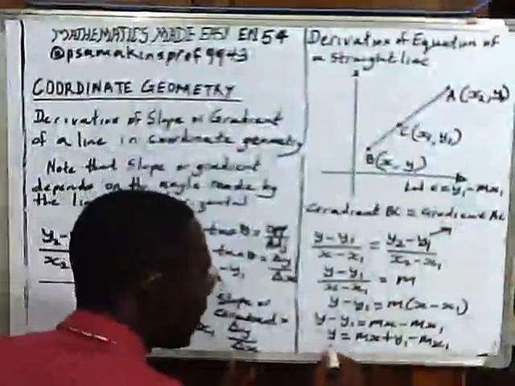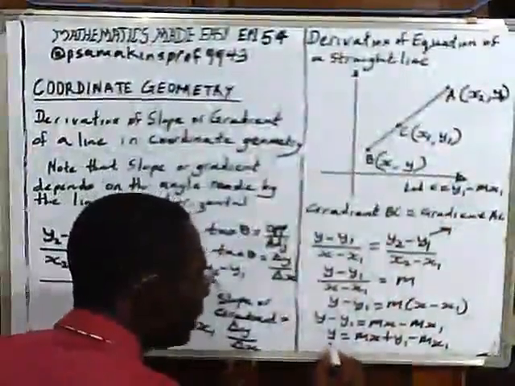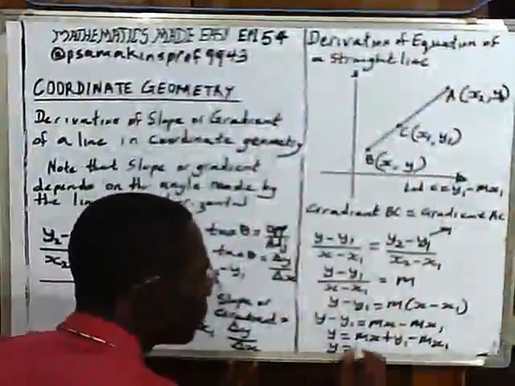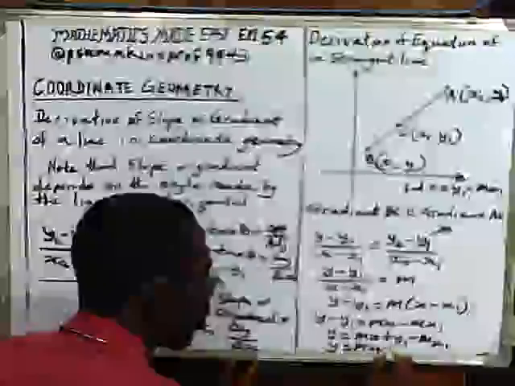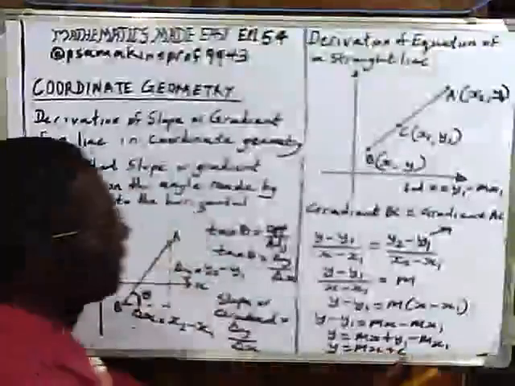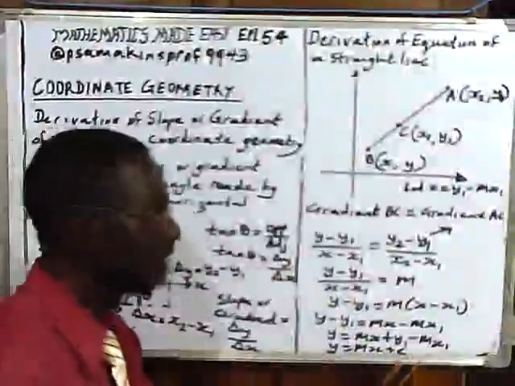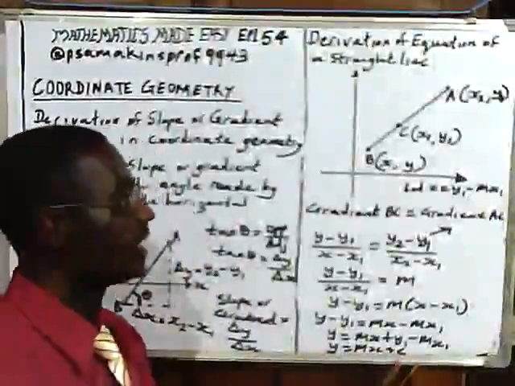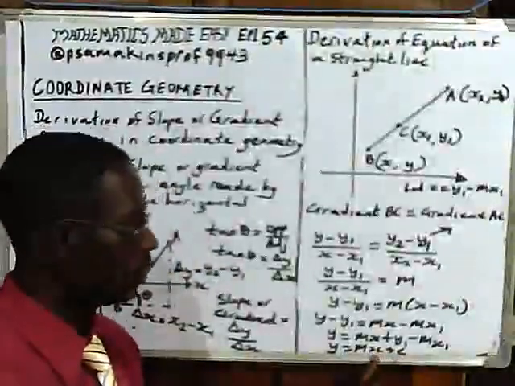So I can say that the equation of a straight line is y equals mx plus c, where c is the intercept on the y-axis when x is equal to 0.